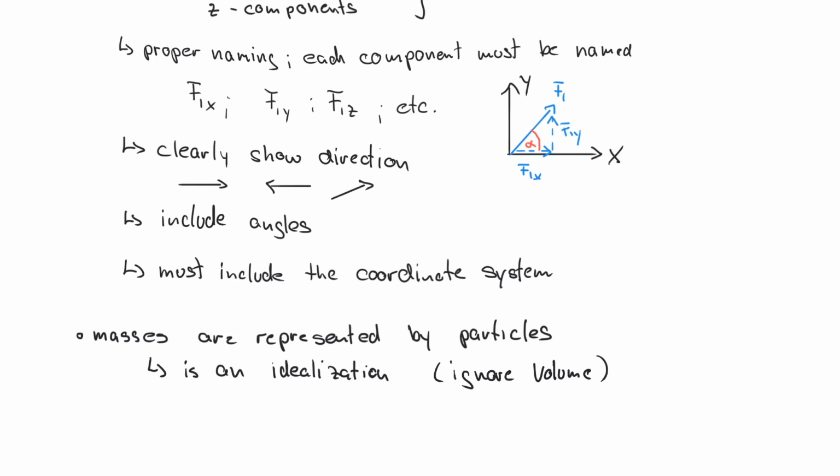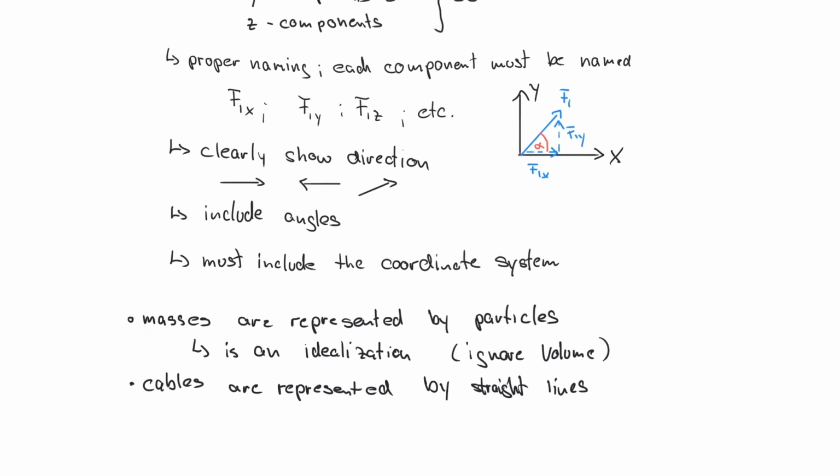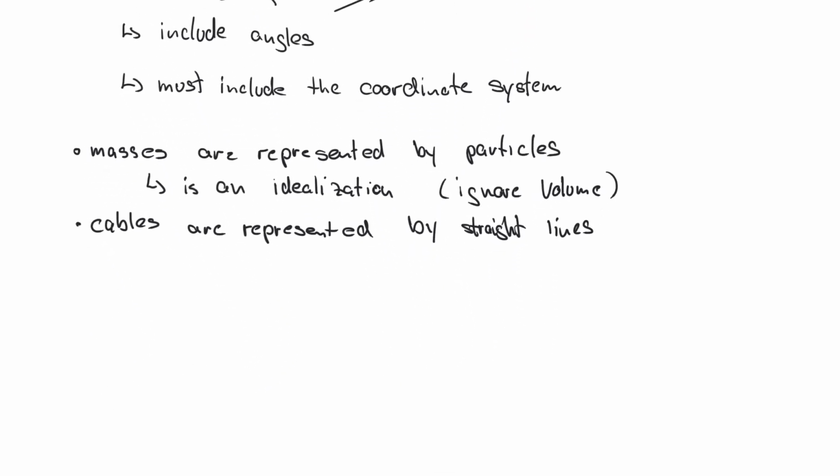And then you find that you have cables, of course, and those are represented by straight lines. Which is again an idealization. This is not true. So ideal. In reality, a cable always has self-weight, and therefore it's usually hanging a little bit through.